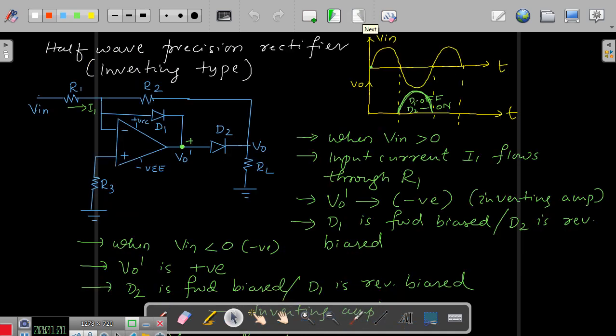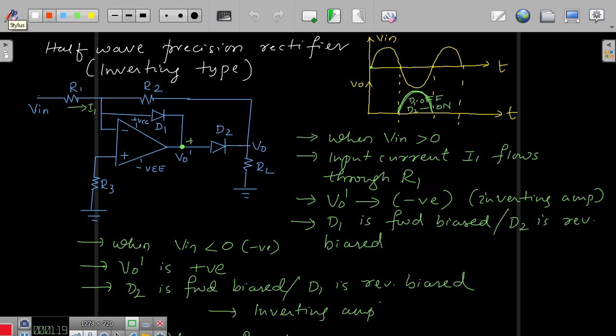We even went through the design aspect of the precision half wave rectifier, that is, how to select the different components. Apart from the conventional things, the selection of the diode becomes an additional consideration, wherein the diode must be considered with two aspects.